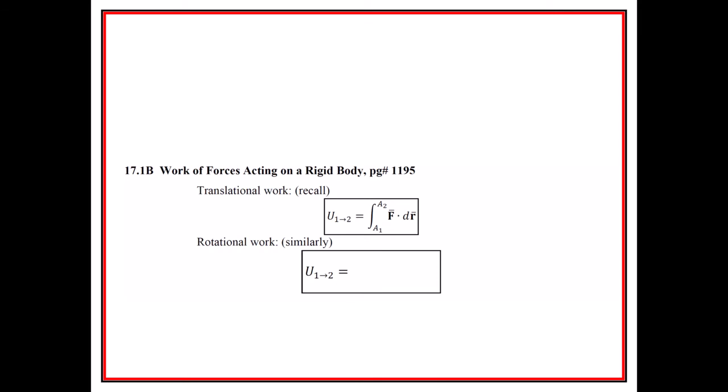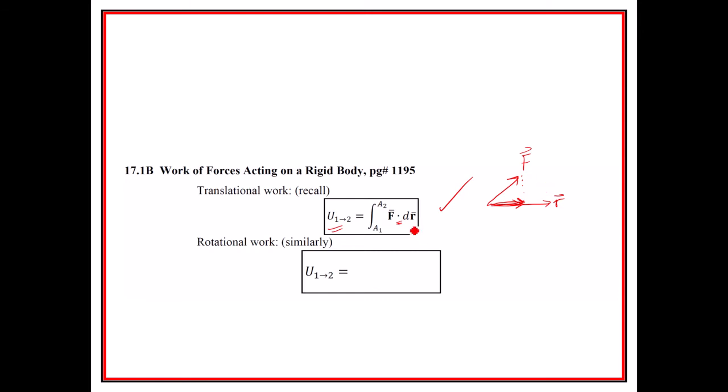Okay, so we recall that work was equal to force through a distance. Important that it was dotted right here. So if we had some type of force vector and it went through a motion, we were doing a dot product, which another way of thinking of it is projecting one vector onto another, resulting in a scalar, because another name for the dot product is the scalar product.